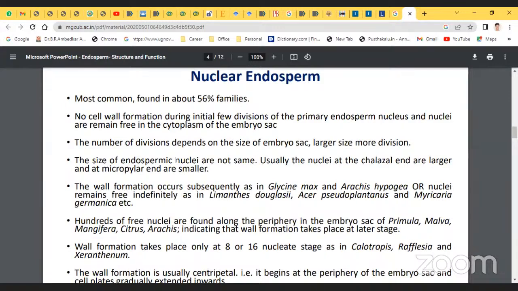So the next point: the size of the endosperm nuclei is not the same. Listen carefully.